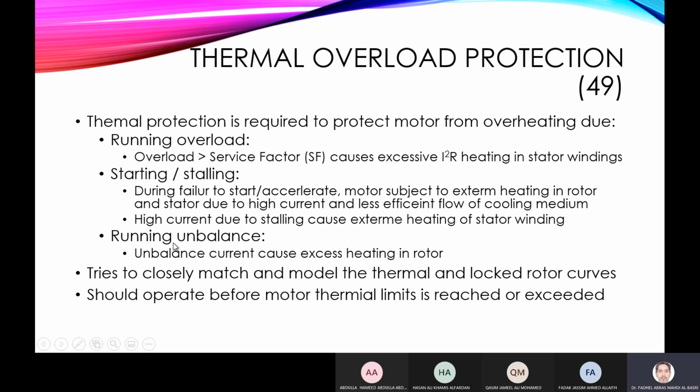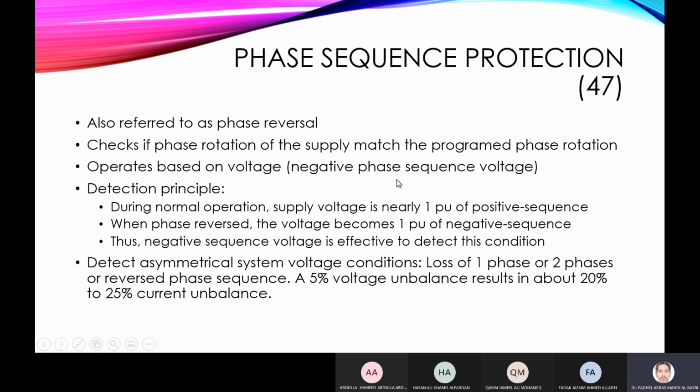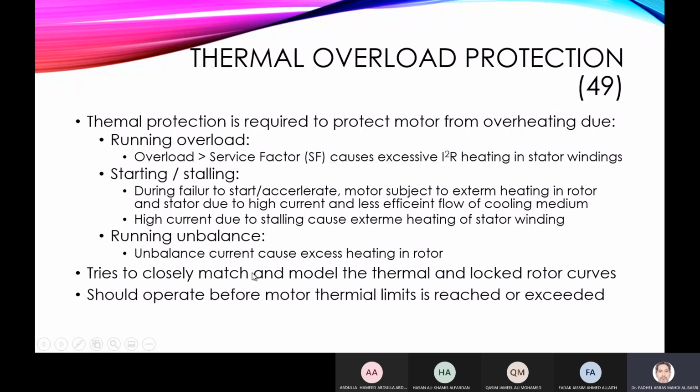The third is during running, an imbalance situation, not an overload but an imbalance. Imbalance current causes excessive heating, as I mentioned before. So even if we don't have the negative sequence imbalance protection, the 46, which detects the situation, loss of one phase will increase the current in the other phases, and that's why the overload will act.